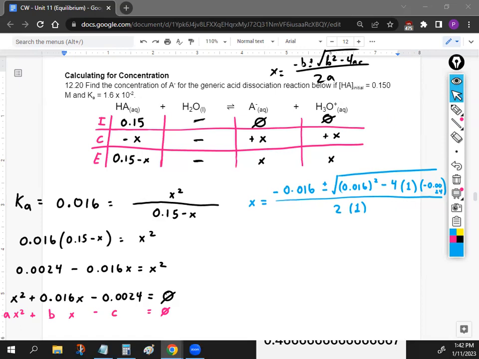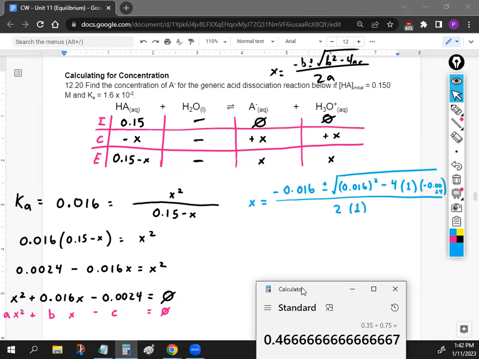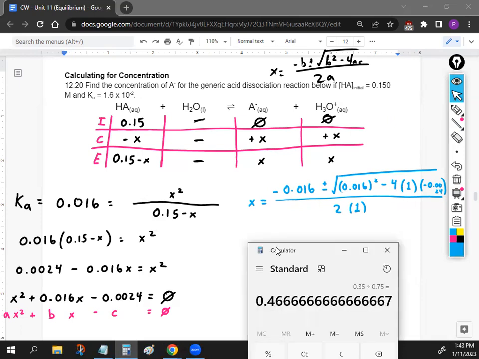Okay, so let's start simplifying our quadratic. Let's start with the easiest part, which is the bottom. 2 times 1 is 2. Good job, guys. So proud of you. Now we have to start doing the stuff underneath the square root.